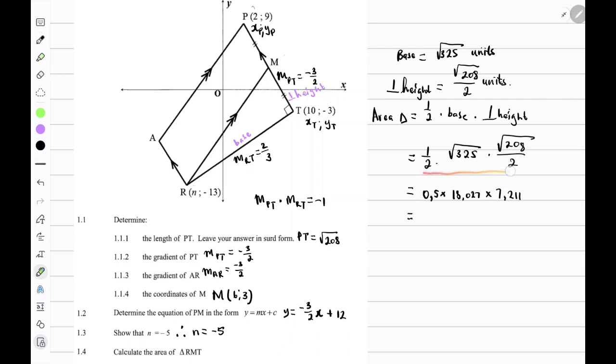So I just reduced this and I wrote it in decimal form, and this is approximately equal to 64.9963, which can be approximated to 65 square units.